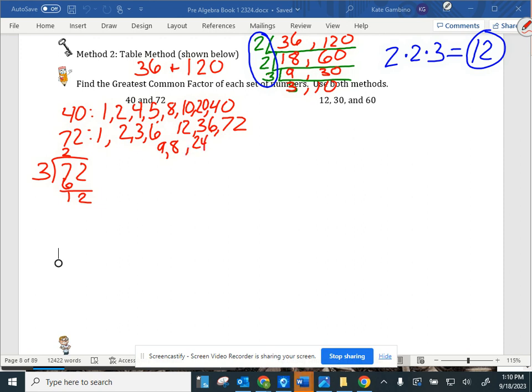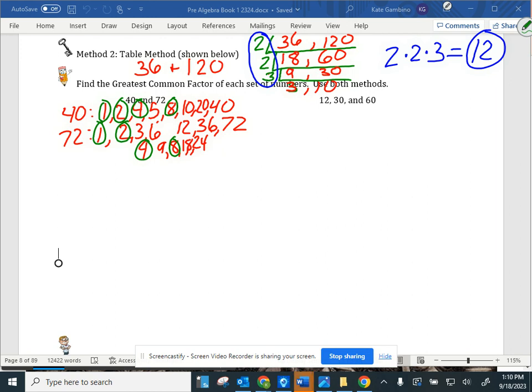What's another one, Madden? 4 and 18. Oh my goodness, look at all of these factor buddies that we have. Now, we need to find all of their common factors. So they share 1, they share 2, they share 4, they share an 8, they don't share 10, they don't share 20, they don't share 40.